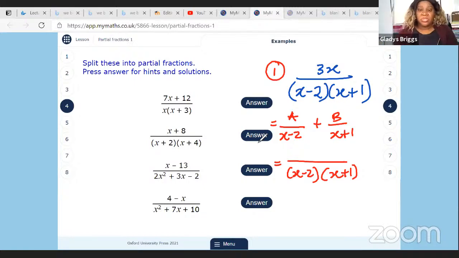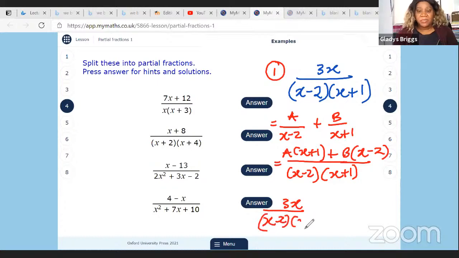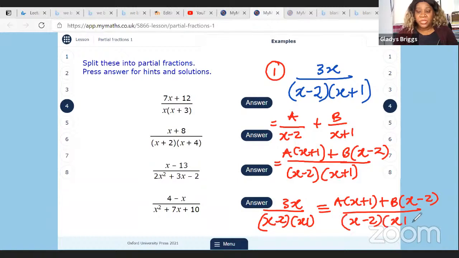So you would have x minus 2 times x plus 1 divided by this, and it will give you a times x plus 1 plus b times x minus 2. Then you write 3x over x minus 2 x plus 1 is equivalent to a x plus 1 plus b x minus 2 over x minus 2 x plus 1.